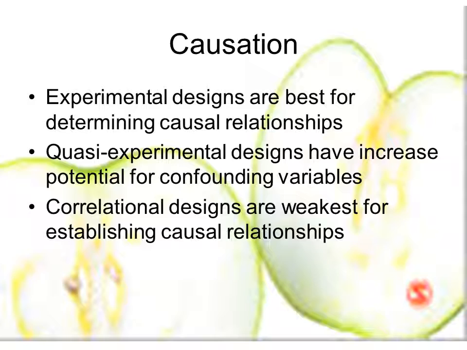Just to look at the different designs that we have looked at, the experimental design is probably going to be the most reliable as far as determining relationships on what causes what, just because we're actually experimenting.